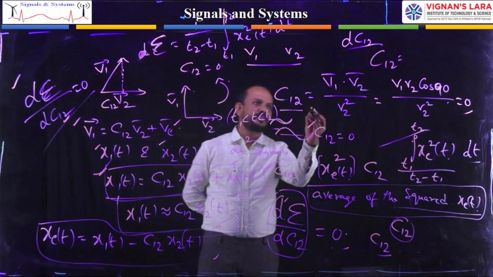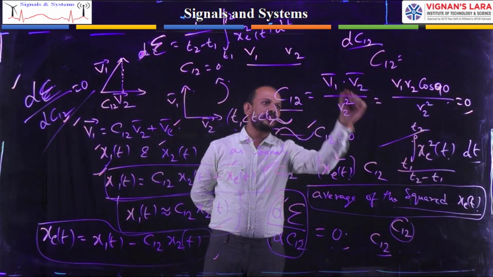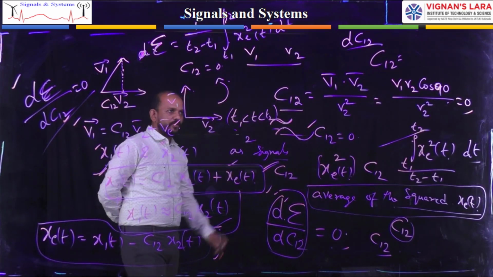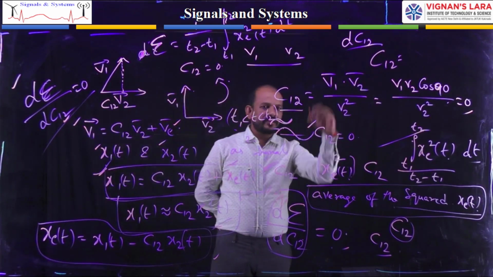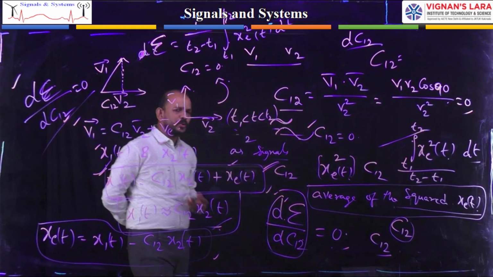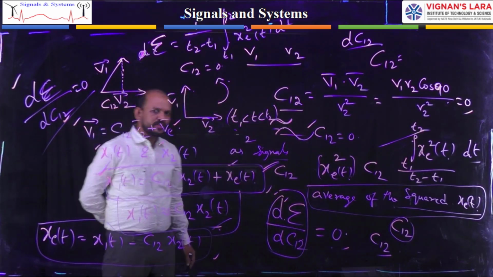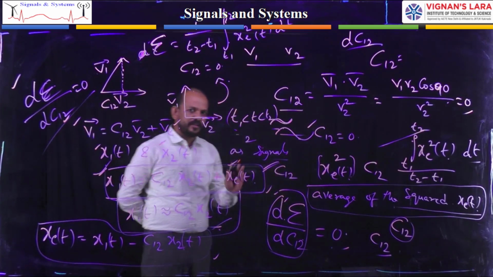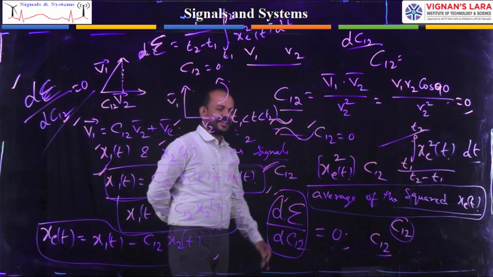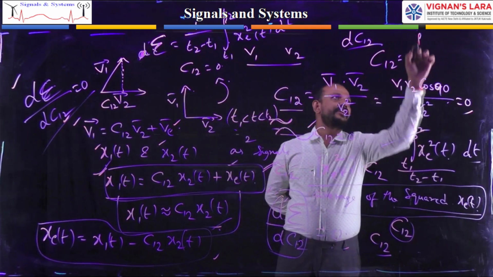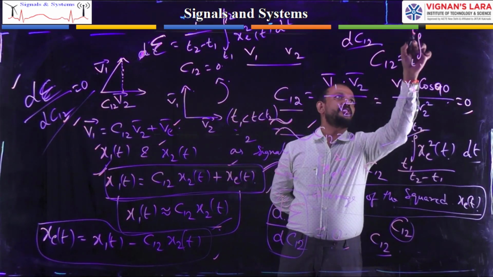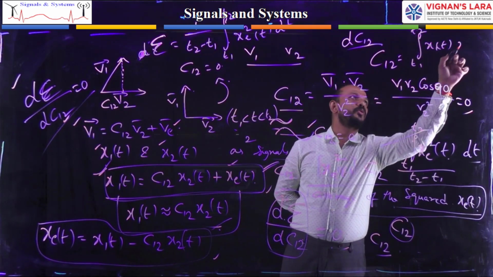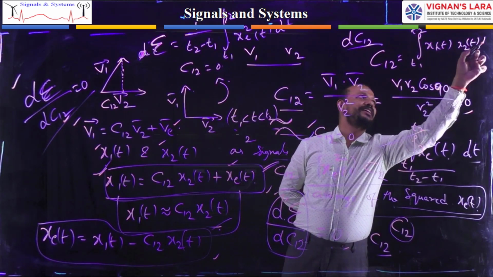In vectors, the value of C12 is v1 bar dot v2 bar by v2 square. So here these are the two vectors. In place of vectors, I have taken two signals. The dot product of the two vectors will be analogous to the integral from t1 to t2 of x1 of t into x2 of t dt.